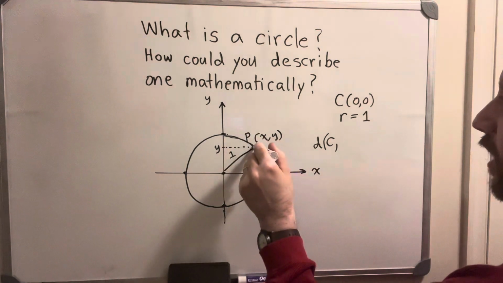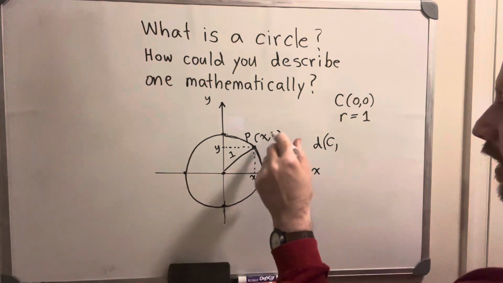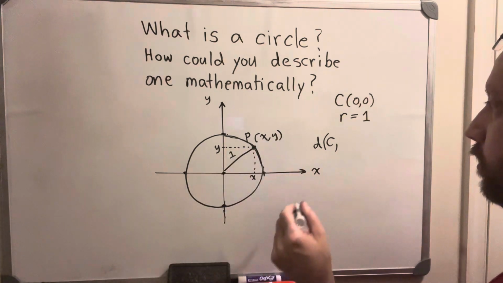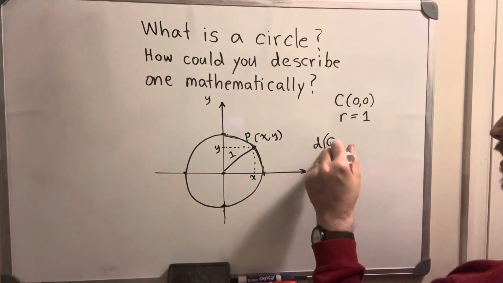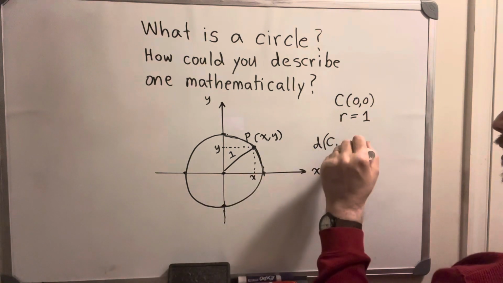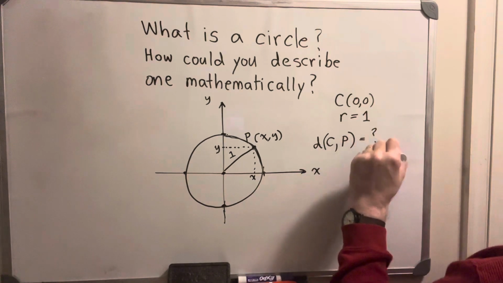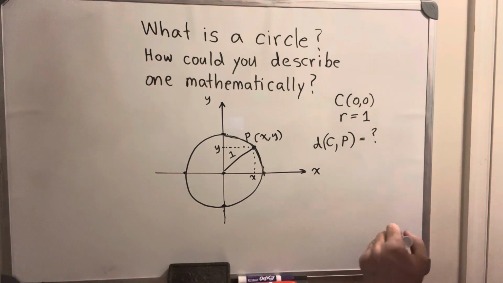We're calling this point P, which is at X, Y, where X and Y are specific values for this point on the circle. How do we find the distance from C to P? Go ahead and pause this video, and if you need to go back and look at the distance formula, try that.